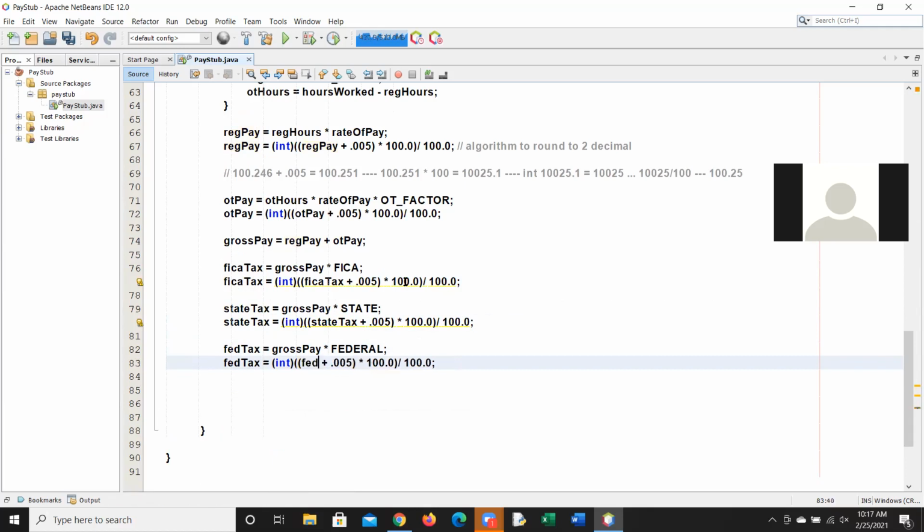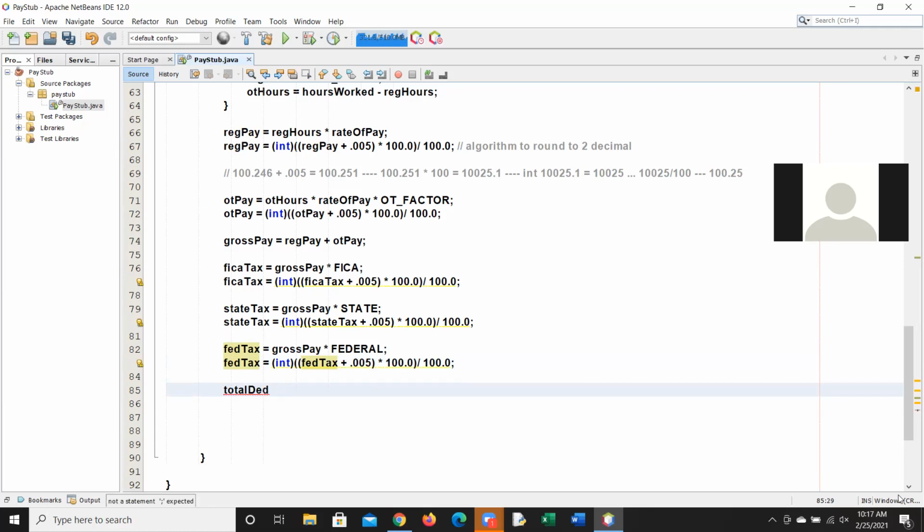Okay, so there's all my taxes calculated to 2 decimal places. So then I have total deduct will be equal to my FICA tax plus my state tax plus my federal tax.